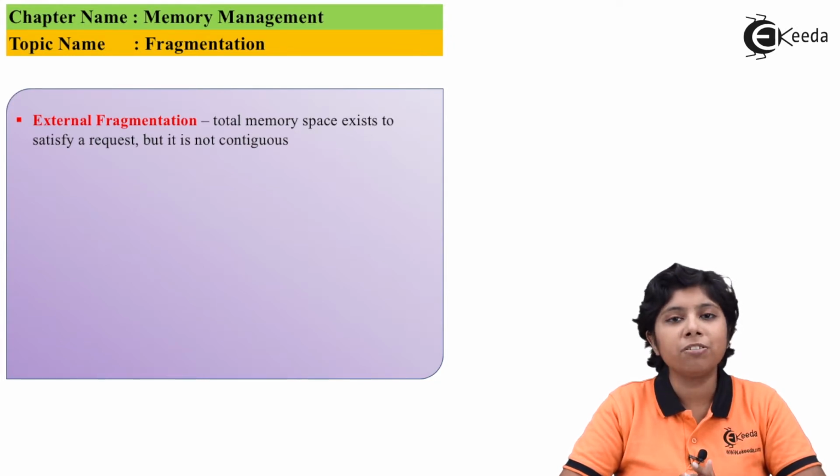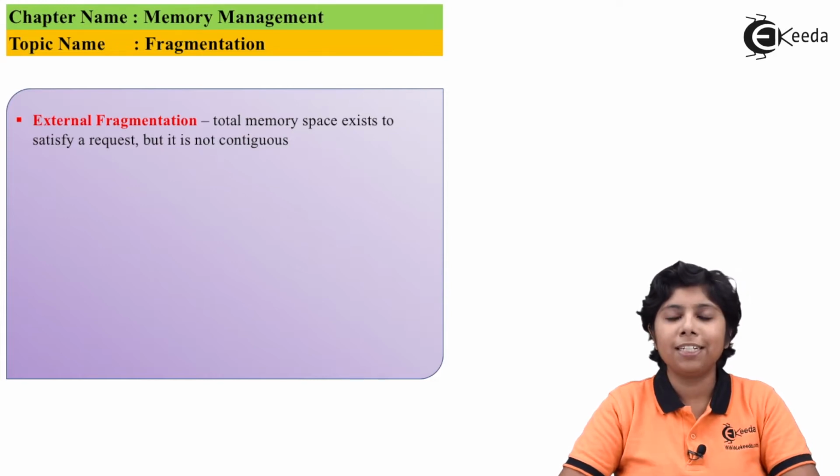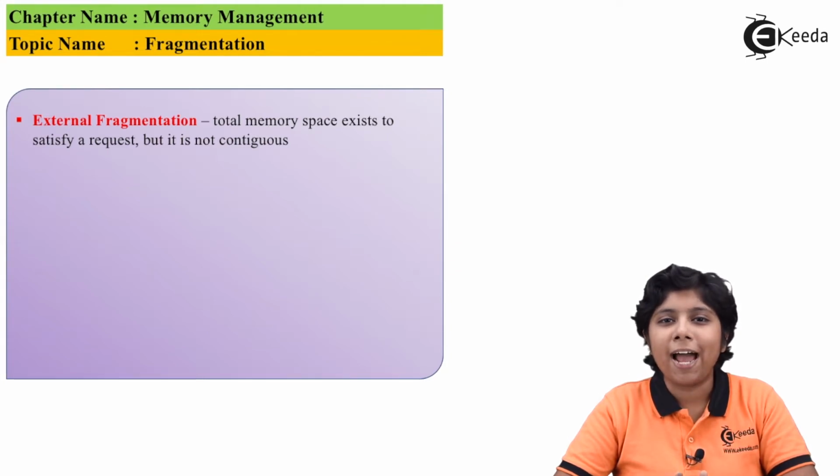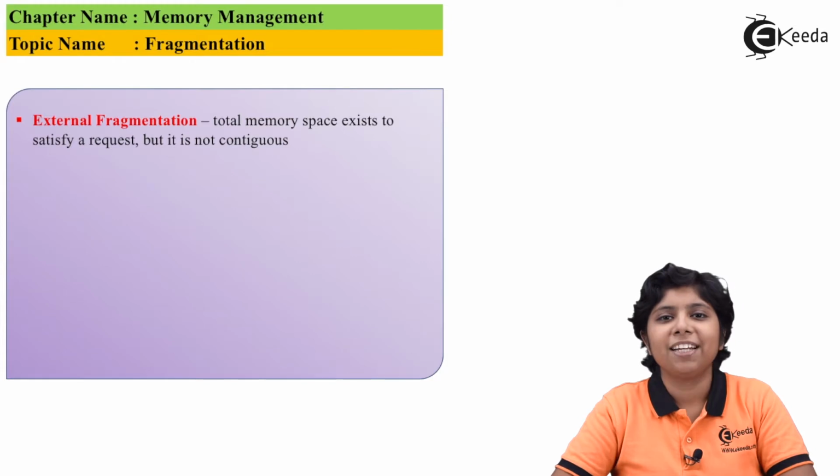Whenever we use the first fit, best fit or worst fit algorithm, as we know, external fragmentation is still a problem. Depending on the total amount of memory storage and the average size of the process, external fragmentation can be a minor or major problem.